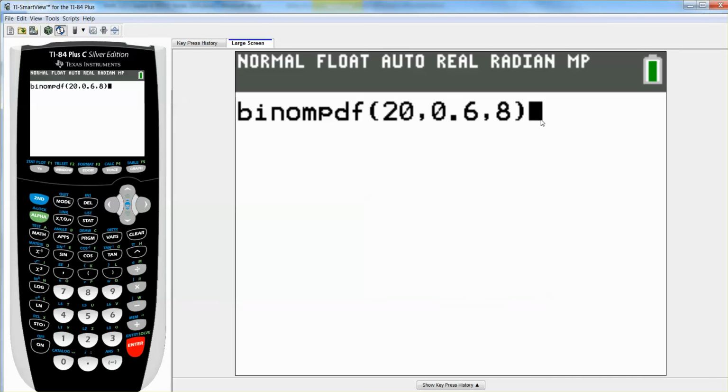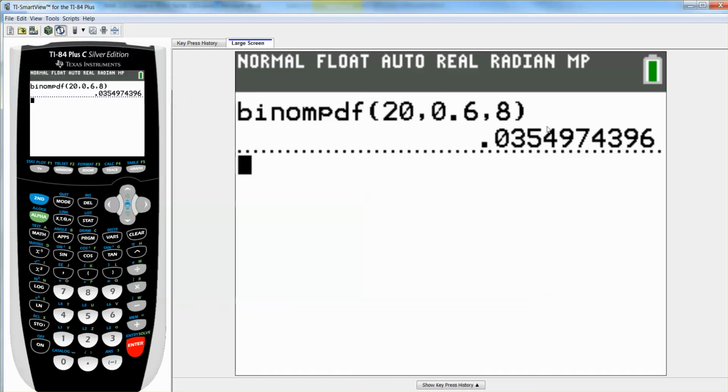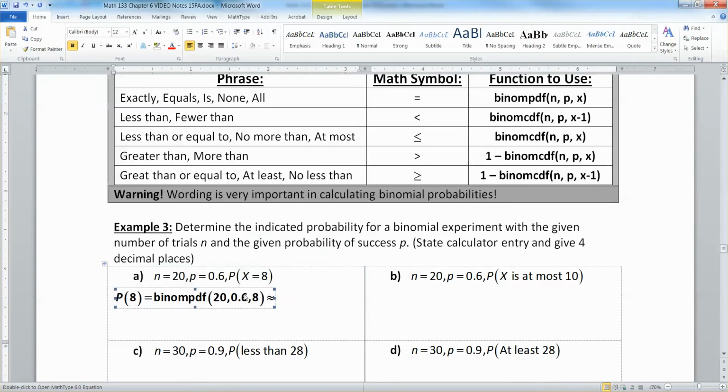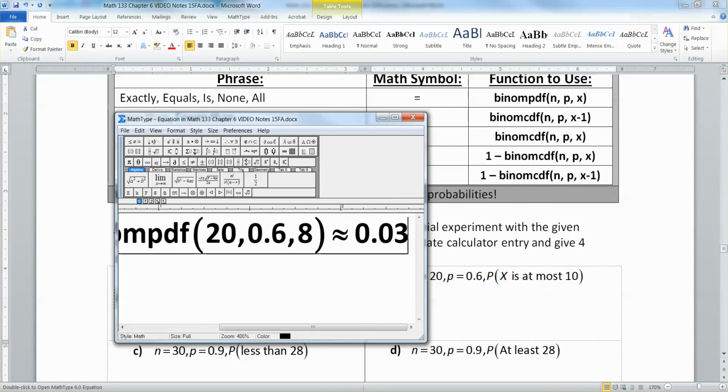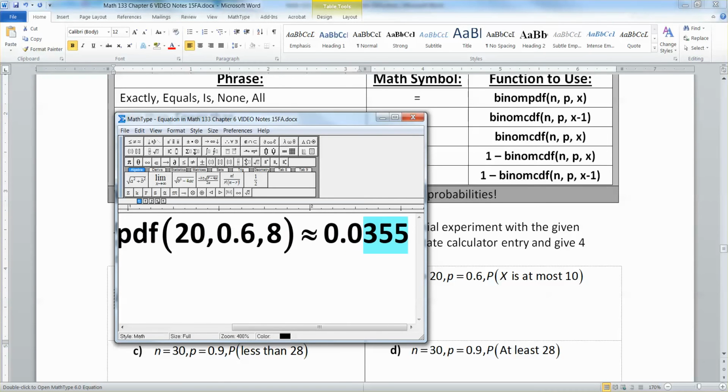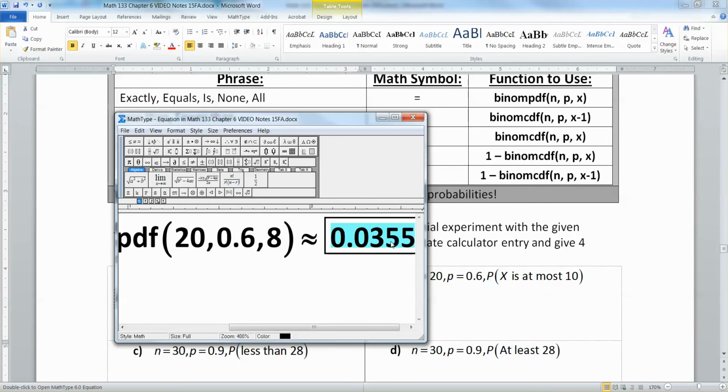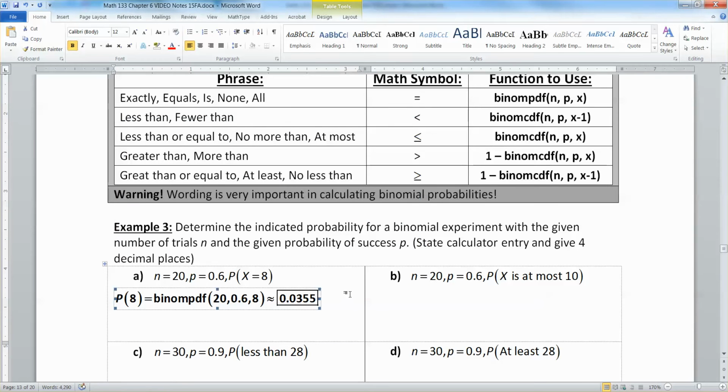The cursor is still blinking over here because you might want to do something else, which we're not going to do this time. So we're actually just going to press enter again, and it finds the number for us. It's 0.0355 when we round it. There we have it.